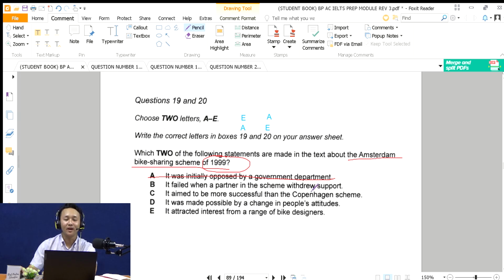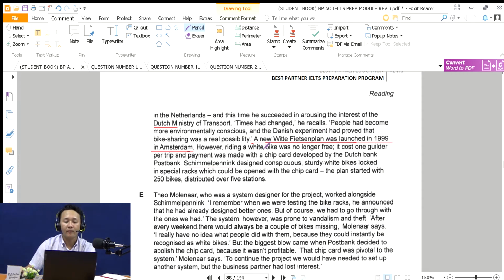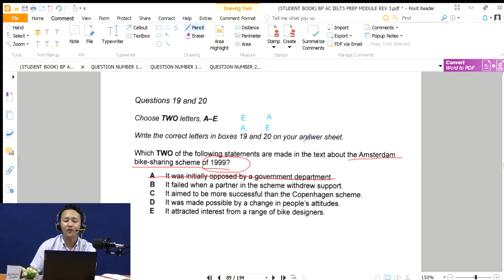Now, this is what you have to do after you have found the information in the text, like this, highlighted it, and then read the part before it or after the keywords. Okay, then after you have understood the information, so it says that people are more environmentally conscious, then go to the questions, go to the options, and then start eliminating the options.